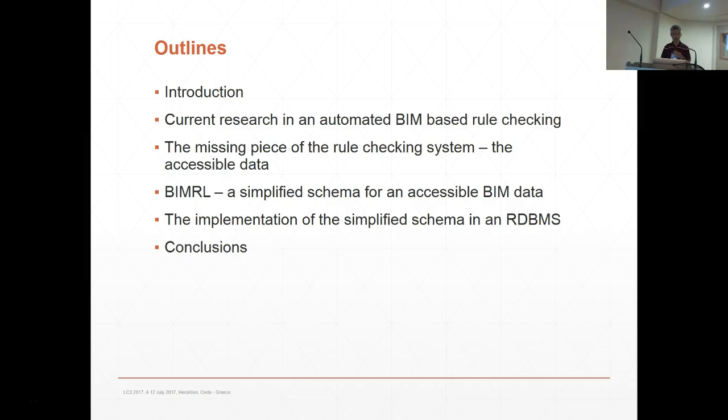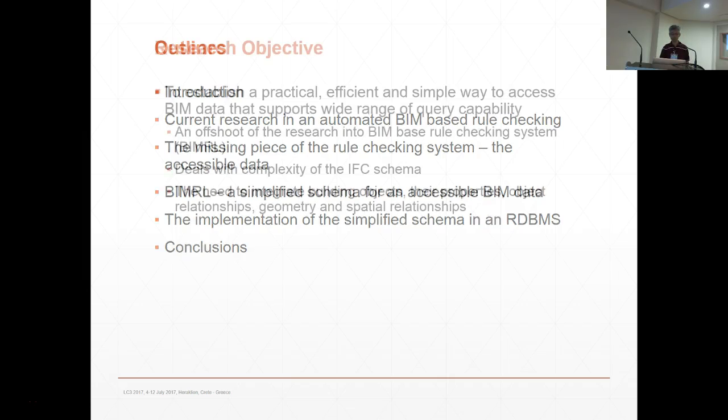And then follow with introductions of what we have done in terms of getting that solved for the accessible data. And I will go through also a little bit about implementations of it and some examples that we can do with it before I close with the conclusion.